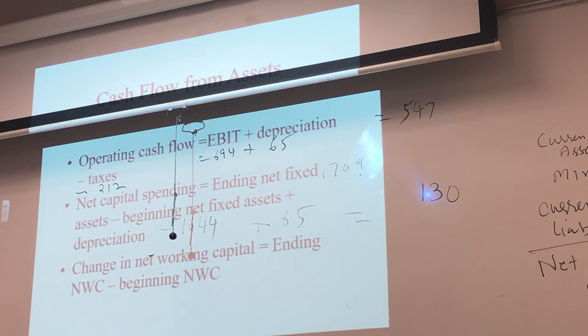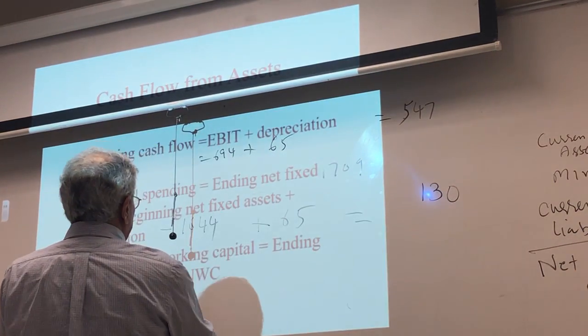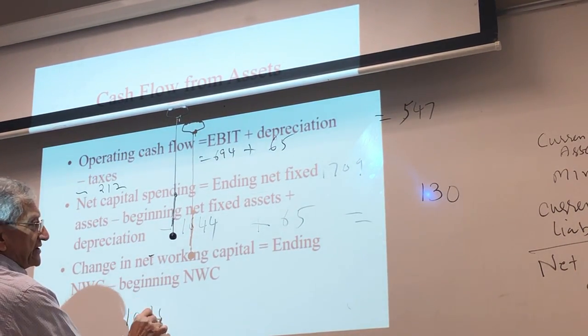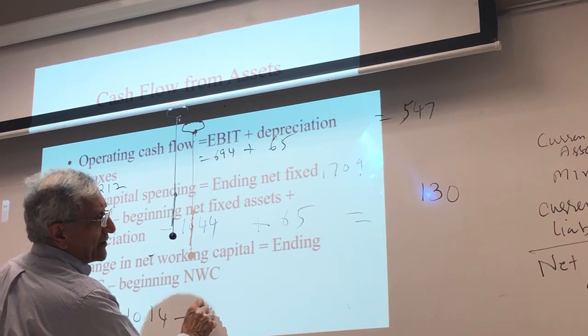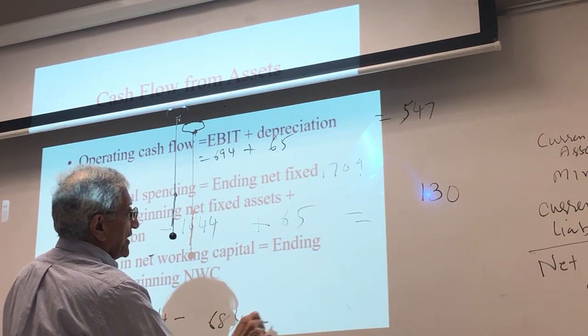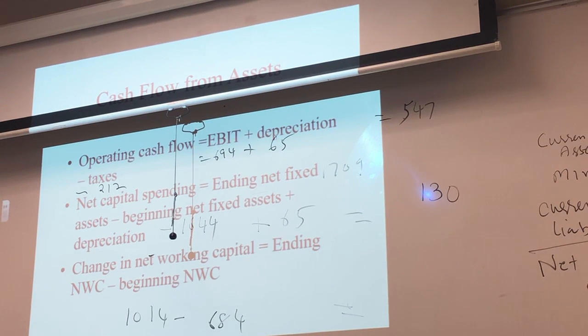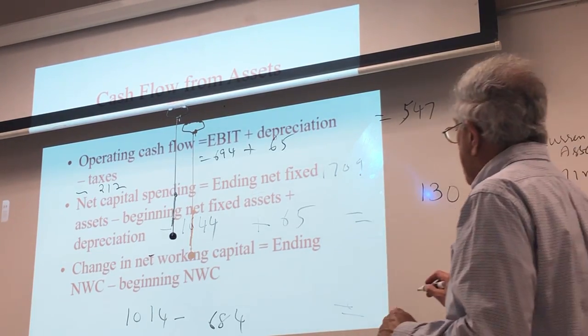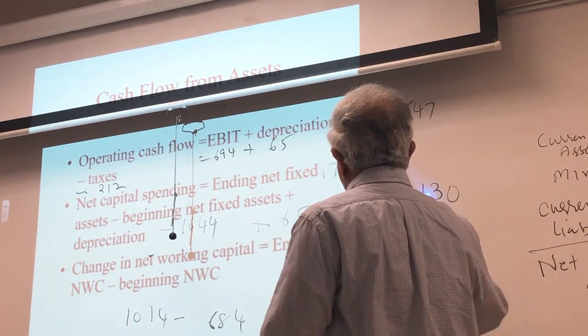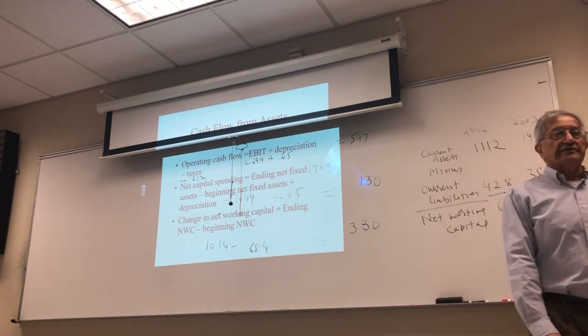Okay, so let me go back to where we were doing all the calculations. So this change in net working capital will be, this is ending 1014 minus 684, so this number minus this number is, how much is this, 65, is it? No, 330. Okay, 330.